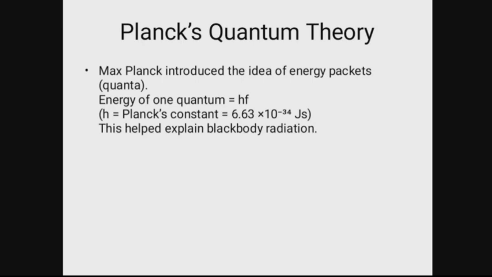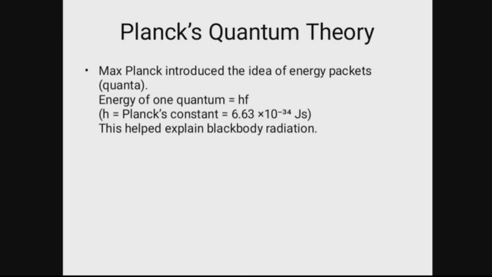And he said to calculate this energy, you need to know the frequency of that energy, the property in any energy that they knew before. You need to know that frequency and multiply it by a constant that he called Planck's constant.